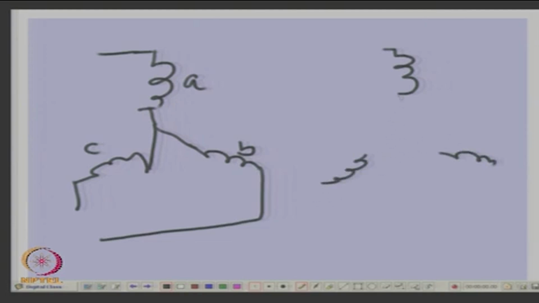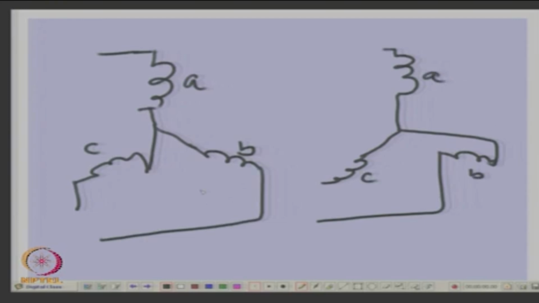Now, for some reason you connect them like this, so it automatically becomes asymmetrical. You reverse one of the phases by mistake or whatever it is, it may happen, okay, right. So, even in a 3 phase supply you can create asymmetries either in star or delta. Okay. This is symmetrical, this is asymmetrical, is it okay?